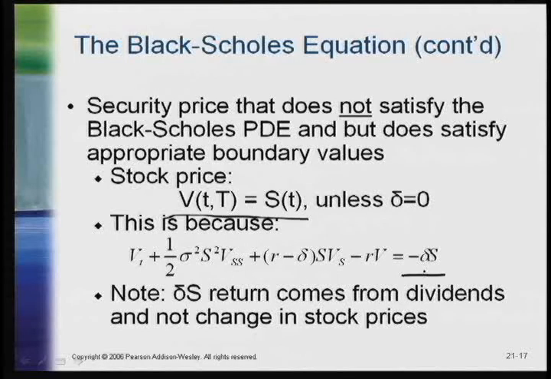So if delta is 0, the stock itself satisfies the differential equation. If the delta is not 0, it does not, and the differential equation will come up short. It'll be equal to minus delta S, and you'll need to add back dividends to get back to 0. And this is logical because the Black-Scholes differential equation only reflects the capital gain or loss, not the total return.